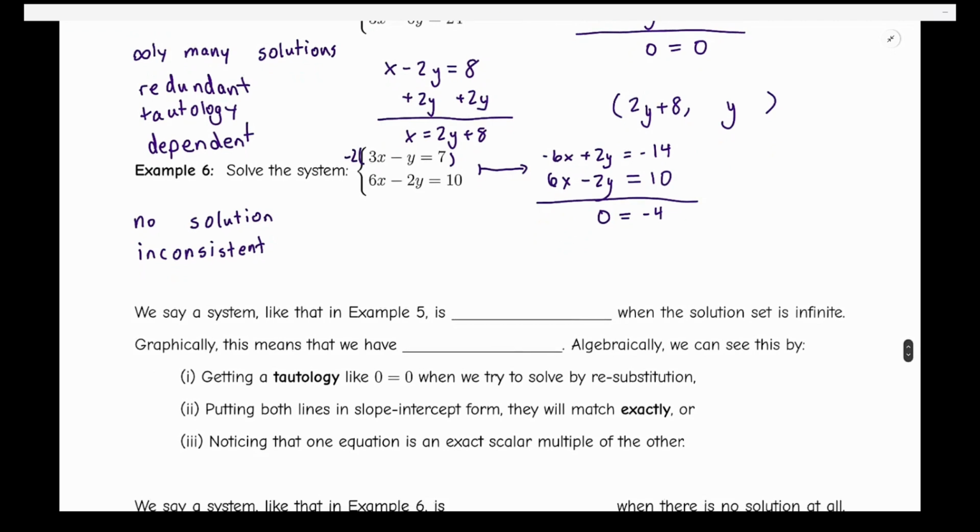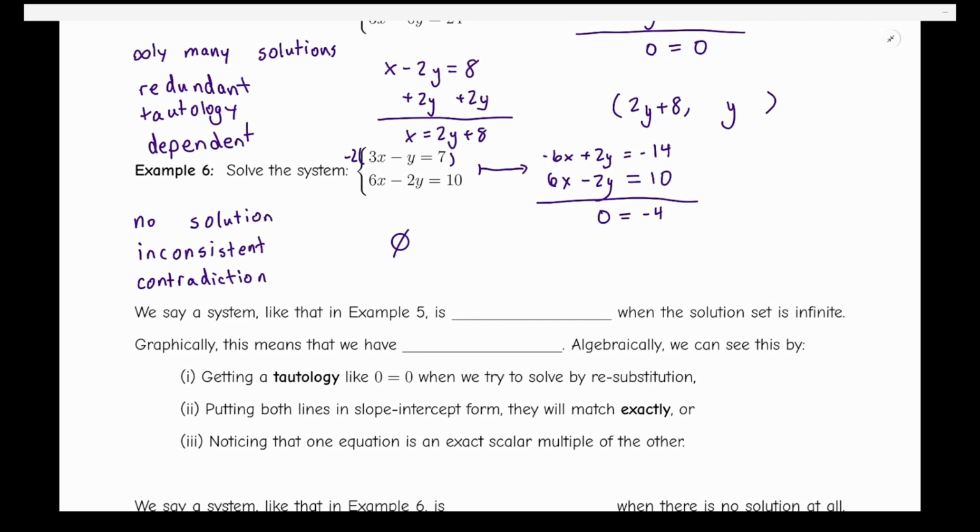But it can also be called a contradiction. And since there is no solution, there isn't anything to write. Sometimes people do use the empty set symbol, which is a 0 with a line through it.